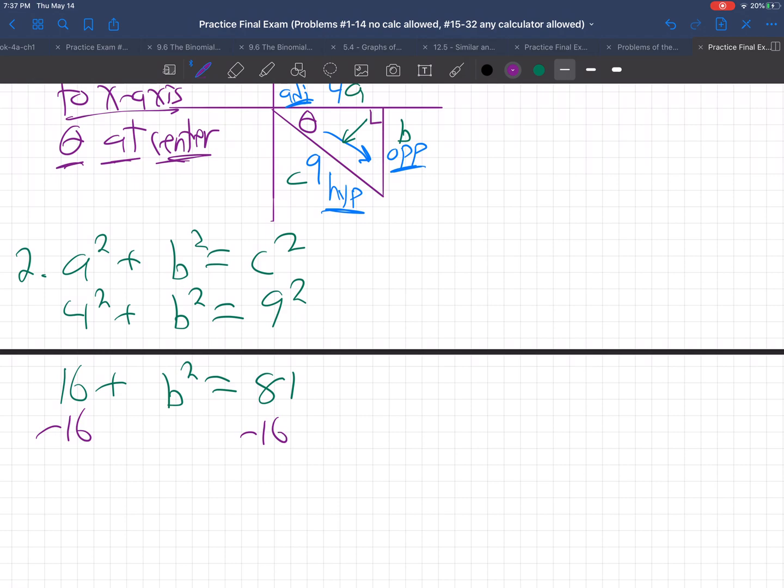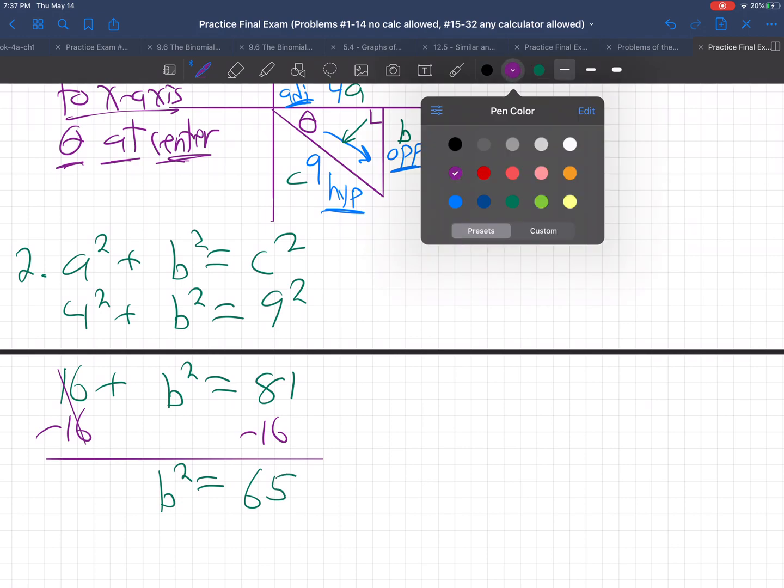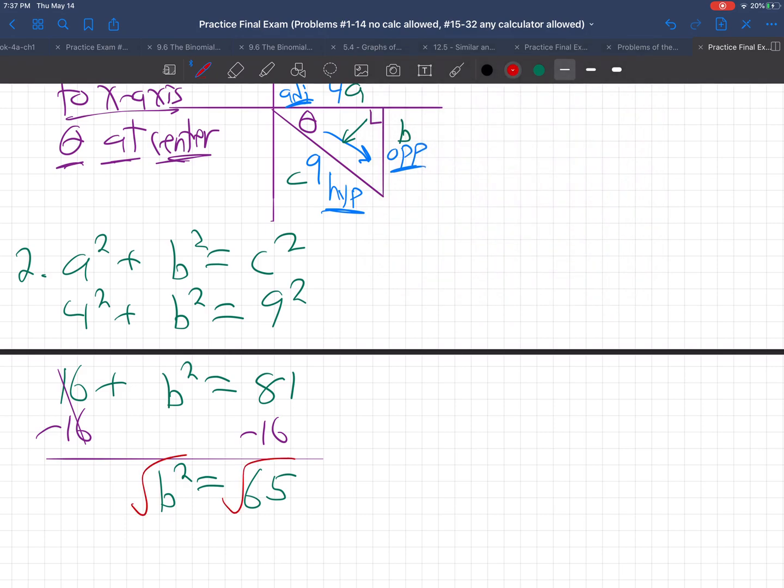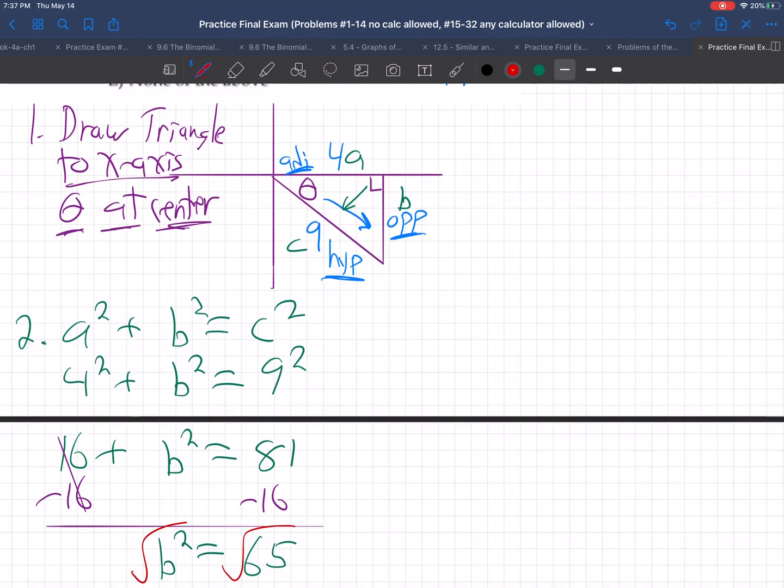Subtract 16 from both sides. And what do we got? b squared is 65. Yeah, 65. Then we square root it. So b is the square root of 65. So I'll bring that over here.